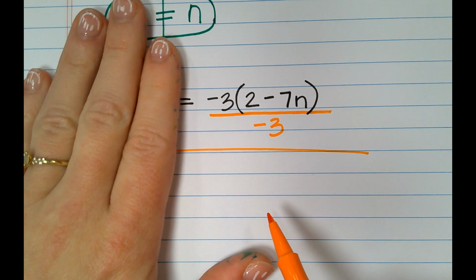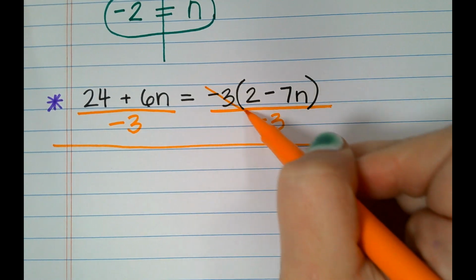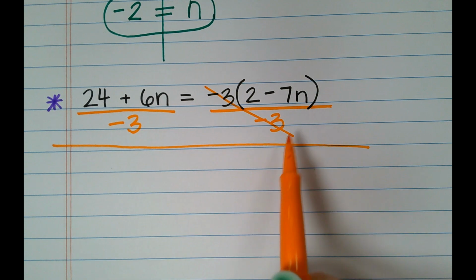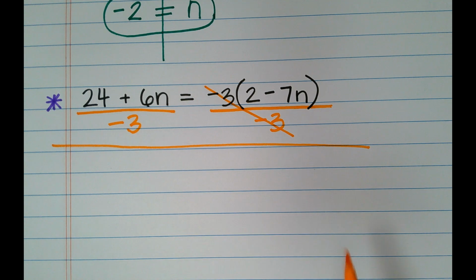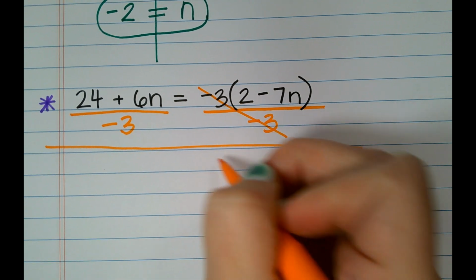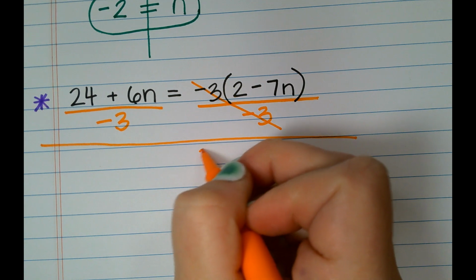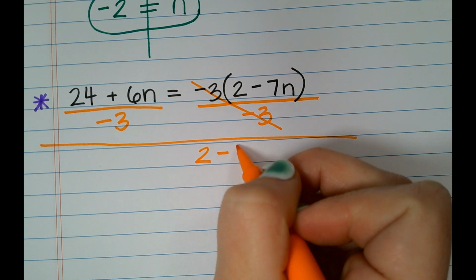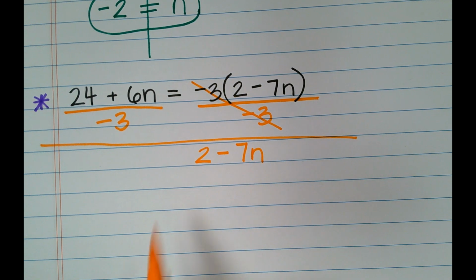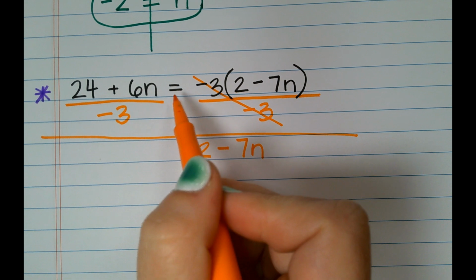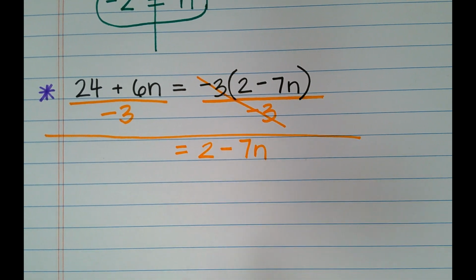What's happening here? Cancel my negative 3s. And we can go ahead and bring this down. The 2n. Now careful, what does it say in your problem? 2 minus 7n equals.